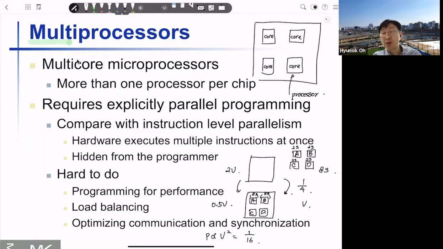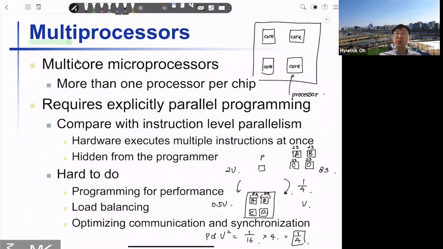But there are 4 cores, right? The previous one had a single core and took single power, so now it is 4 times. Because of 4 cores, we need 4 times, so the energy consumption or power consumption will be a quarter.